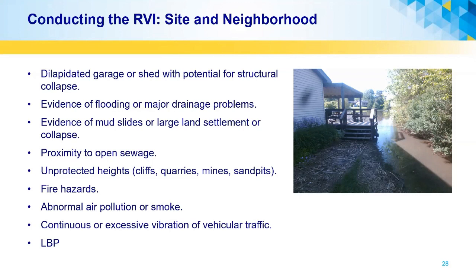What we're looking for there is dilapidated garage or shed with potential for structural collapse, evidence of flooding or major drainage problems, evidence of mudslides or large land settlement or collapse, proximity to open sewage, unprotected heights such as cliffs, quarries, mines, sand pits, fire hazards, abnormal air pollution or smoke, continuous or excessive vibrations of vehicular traffic, and lastly, lead-based paint.